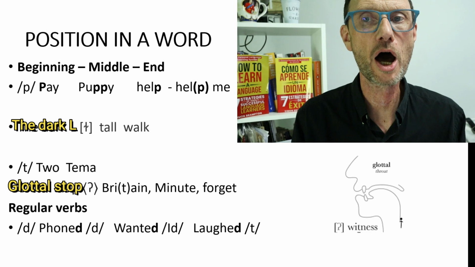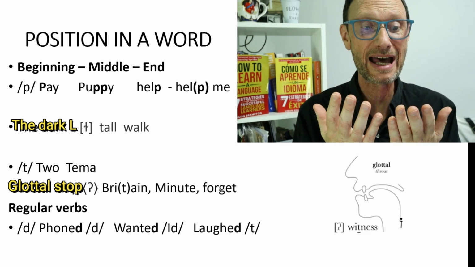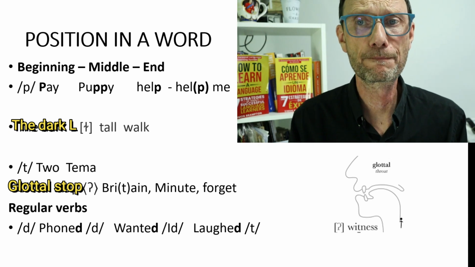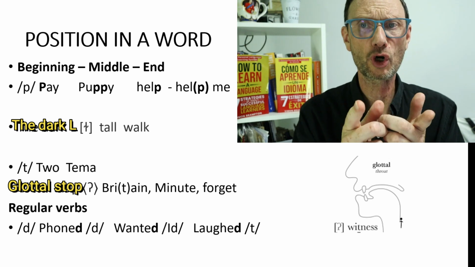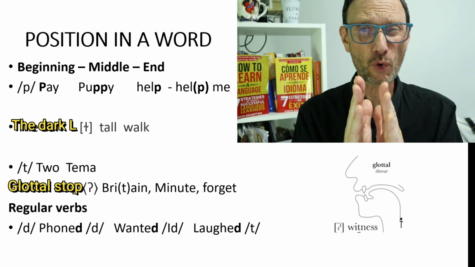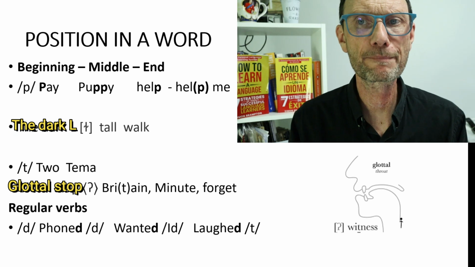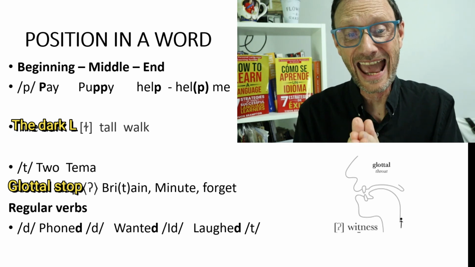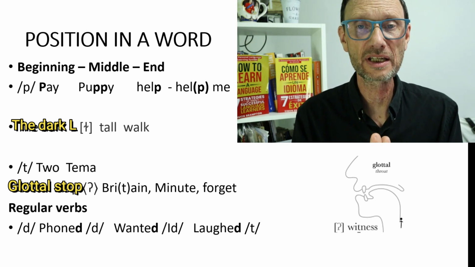Let's look at p. Remember, that's unvoiced, it's just air. At the beginning, it's p, pay. So it's quite strong. And in the middle, it's almost as strong. Puppy. So it's also strong in the middle. But at the end, the letter is less strong. Listen.